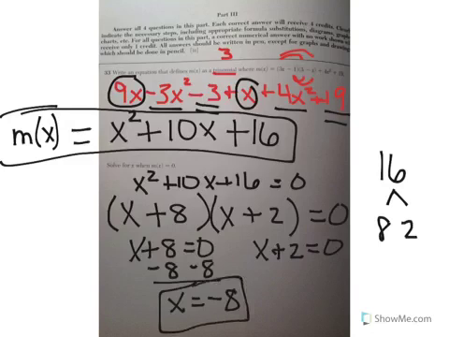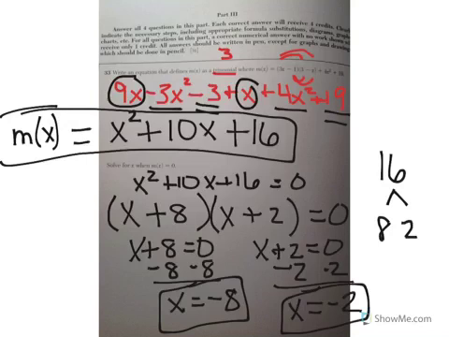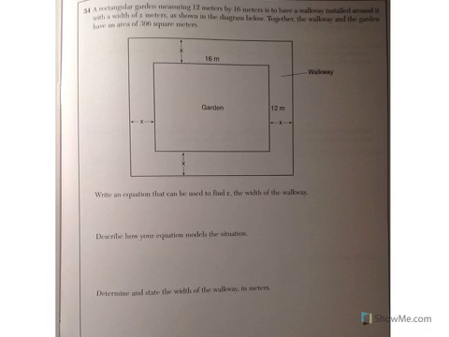There's one of our roots. And the other, x plus 2 equals 0, subtract 2, and x equals negative 2. There's our other root. So we have negative 8 and negative 2. Okay. On to the next one.